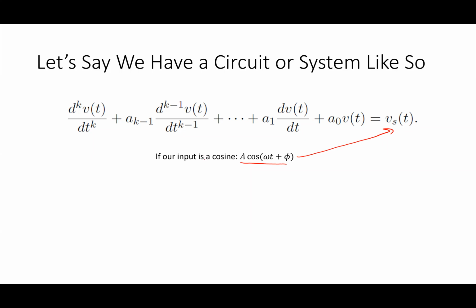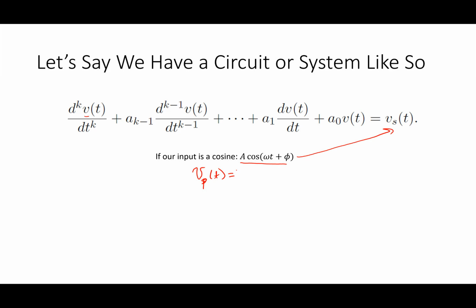What is the steady state? This guy's V is the output. What's the steady state or particular solution going to look like? How do we solve that?